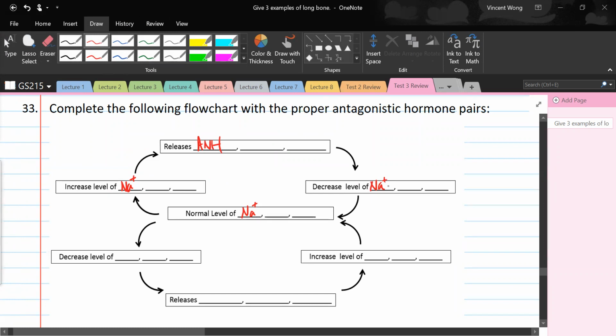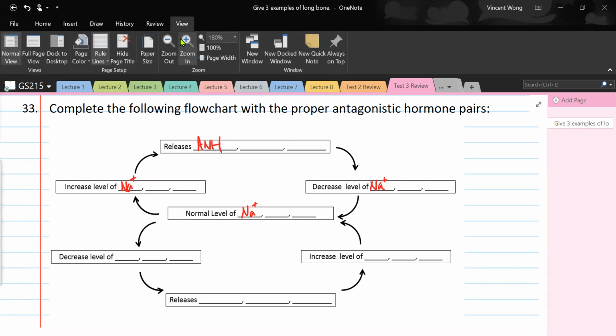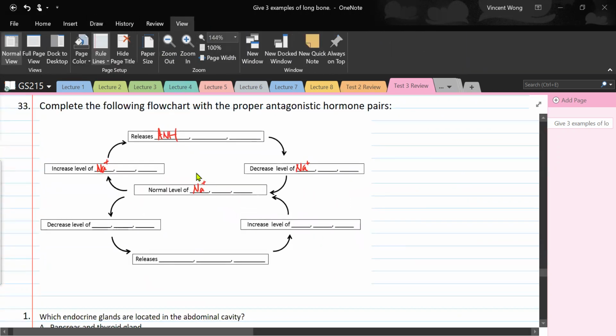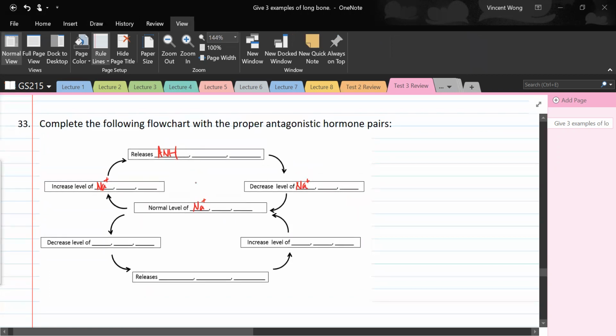We don't have to worry about the how, because ANH is part of the kidney lesson anyway. The kidney lesson is not on that test, so you don't have to really worry about it. A decrease in sodium is going to release the aldosterone, which will bring the sodium level back up.